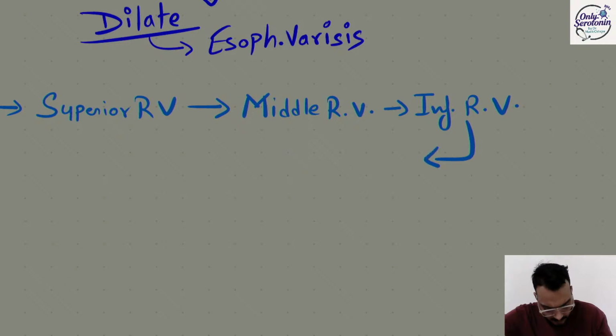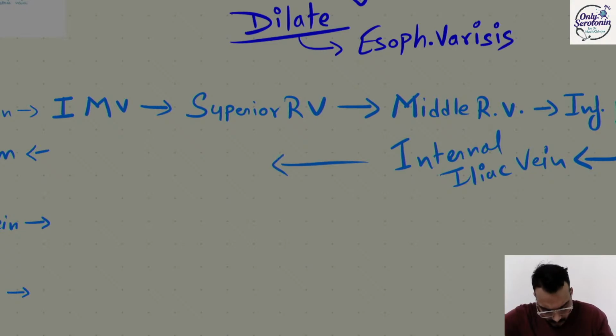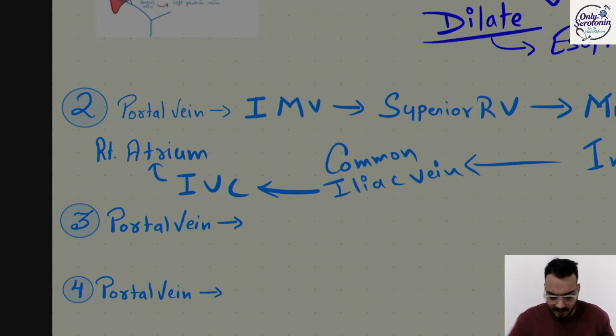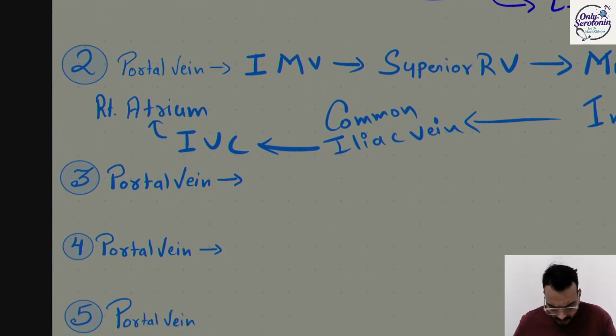From inferior rectal vein now the blood is going into internal iliac vein. From internal iliac vein now blood is going into common iliac vein. Then it is going into inferior vena cava. And from inferior vena cava the blood is going to go in right atrium. Done.